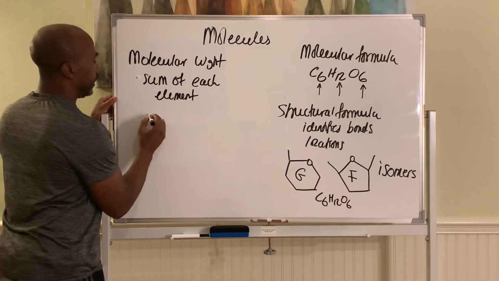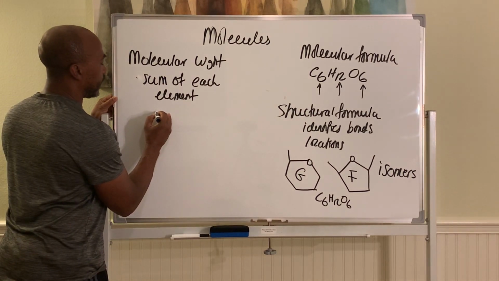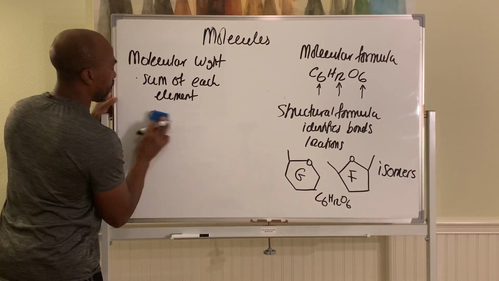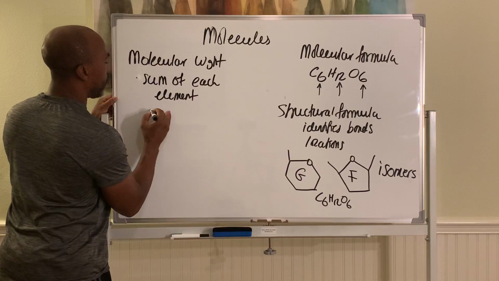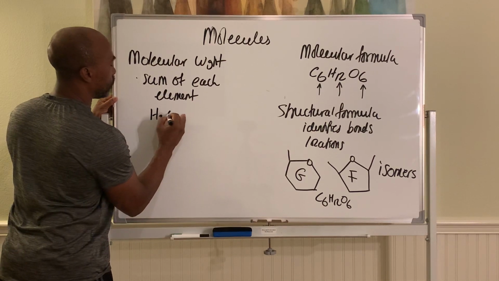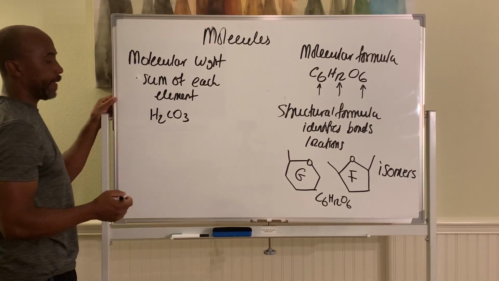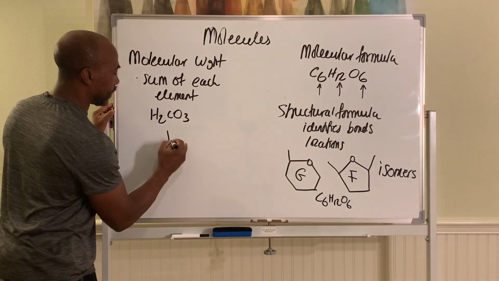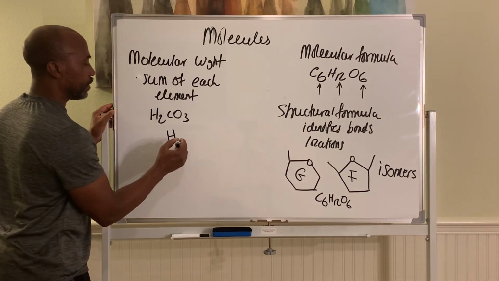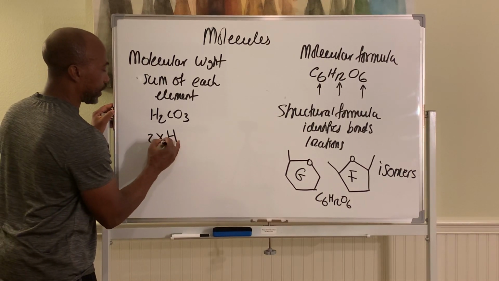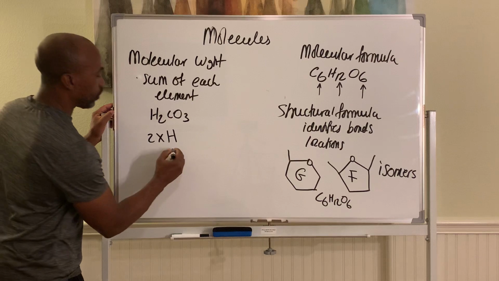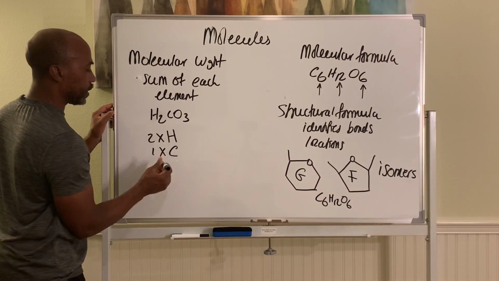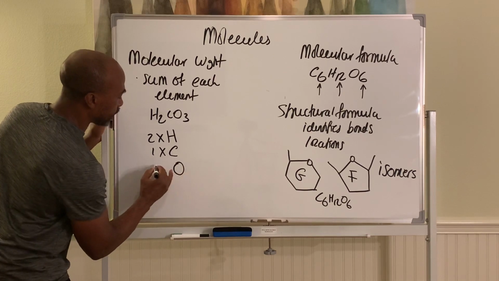For example, say something like carbonic acid, H2CO3. Its molecular weight will be the weight of hydrogen times 2, because we have 2 of them, plus the weight of carbon times 1, because you only have 1 carbon, plus the weight of oxygen times 3.